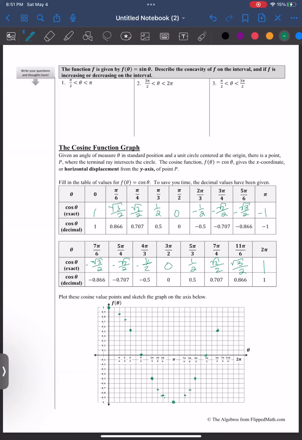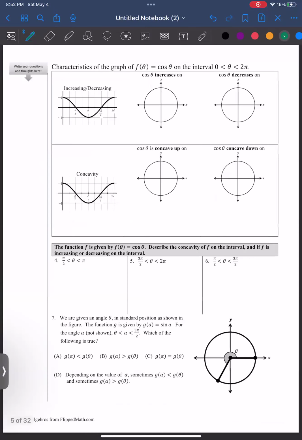And then I'm back once more in the positives. So the cosine graph is going to look as if I had kind of cut up a sine and only focused on one of the dips, right? So talking about increasing and decreasing, well, here's the zoomed out version of my graph.